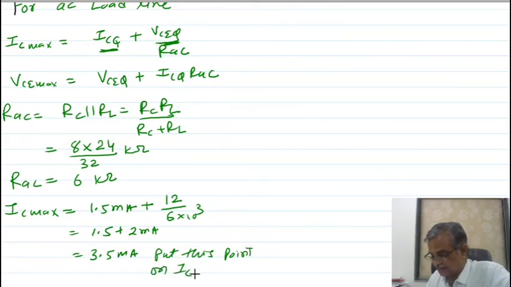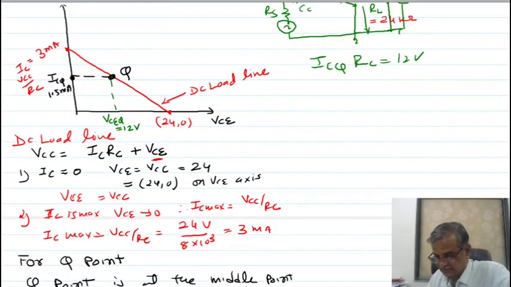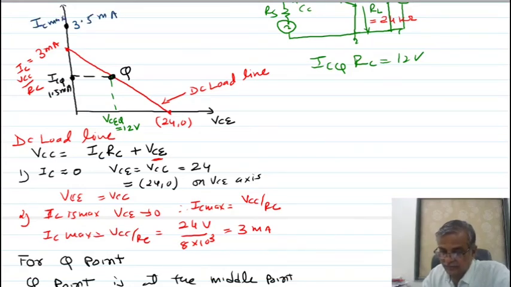Let me put this point on the IC axis, somewhere here, 3.5 milliampere. This is called IC maximum.